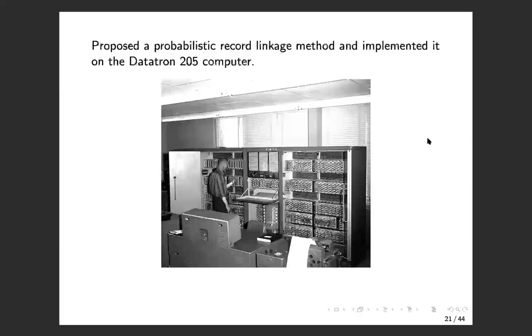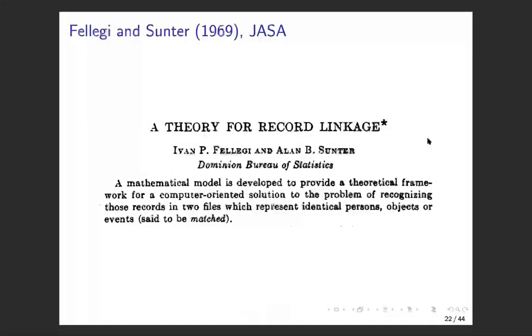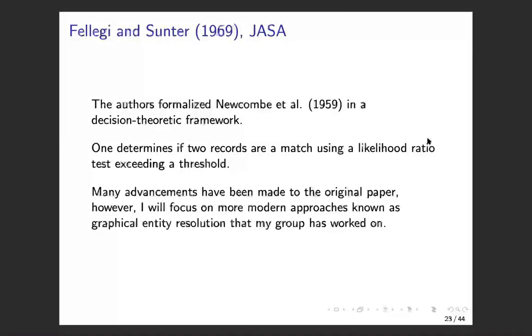This paper was quite seminal because it then led to one of the most highly cited papers in the statistical literature, which is by Fellegi and Sunter from '69, which appeared in JASA. And this was a paper that was built on a decision theoretic framework where they really formalized the ideas that were proposed by Newcombe and his collaborators.